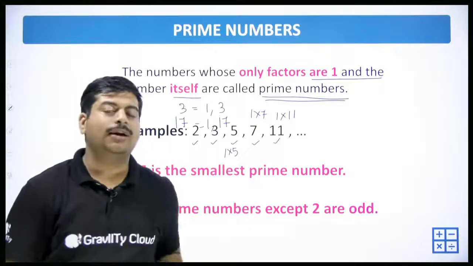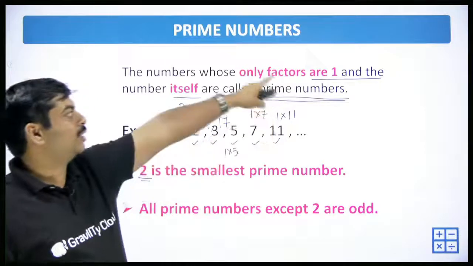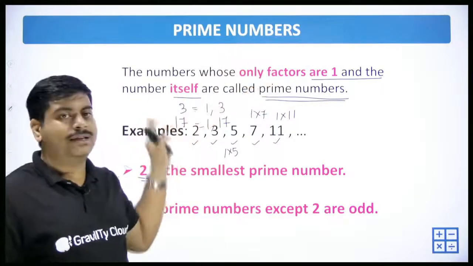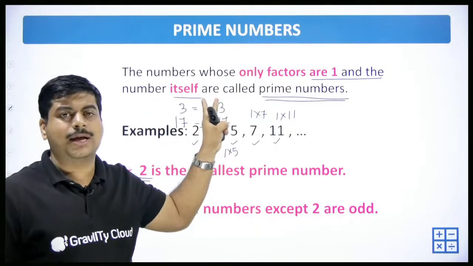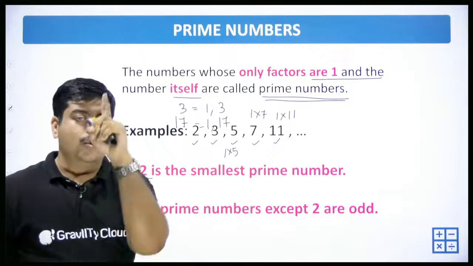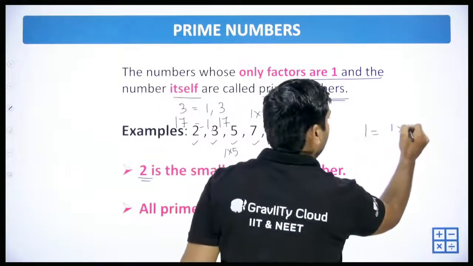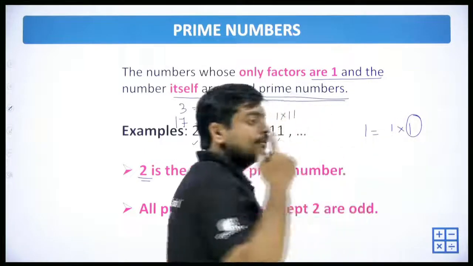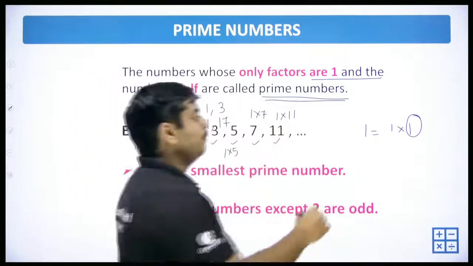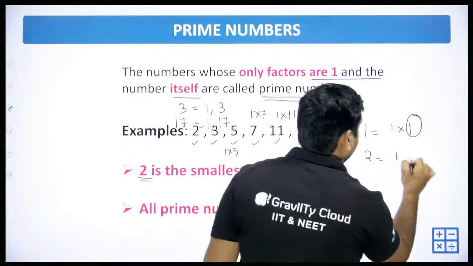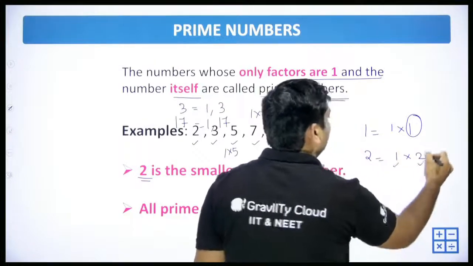What about 1? You can ask me, what about 1? See, what is the definition? 1 and itself. We have 2 factors there. But for the number 1, you only have the factor 1. For the number 1, you can write 1 into 1. Only one factor. But for the number 2, it is 1 into 2, 1 and the number itself.